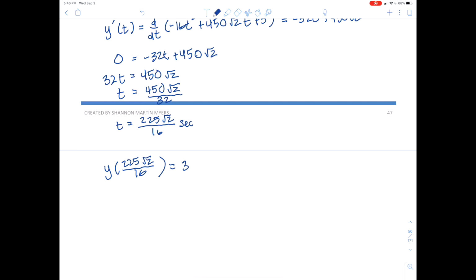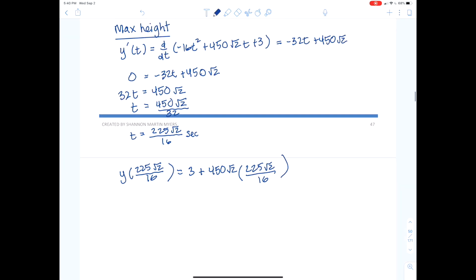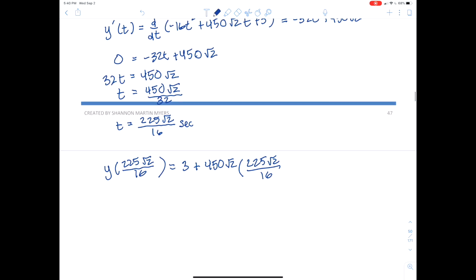It's going to be 3 plus 450 root 2 times 225 root 2 over 16, because that's what I'm plugging in for t, and then minus 16 times the quantity 225 root 2 over 16 squared.